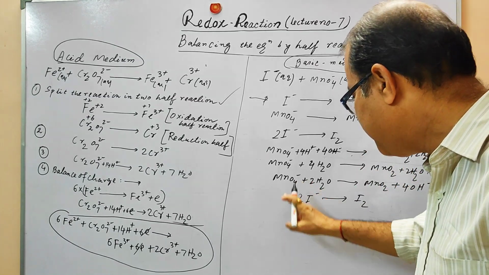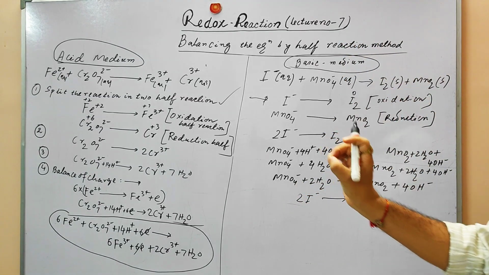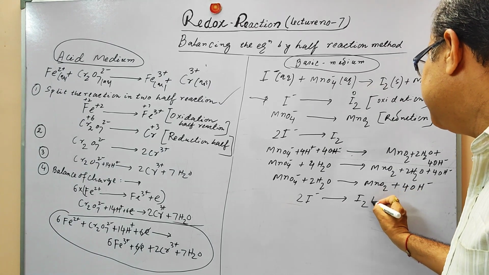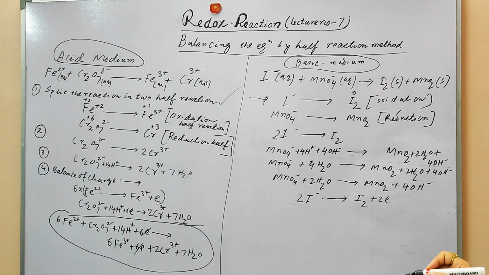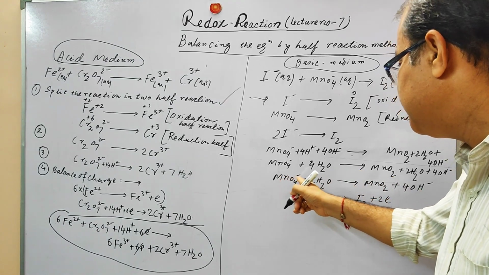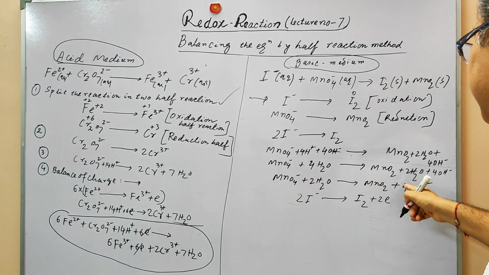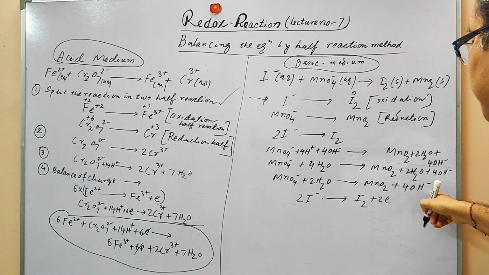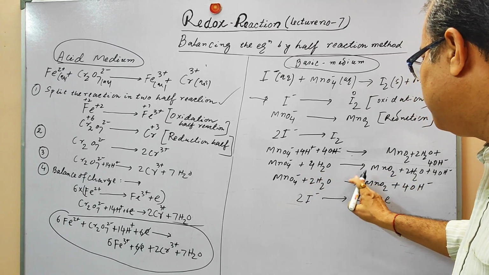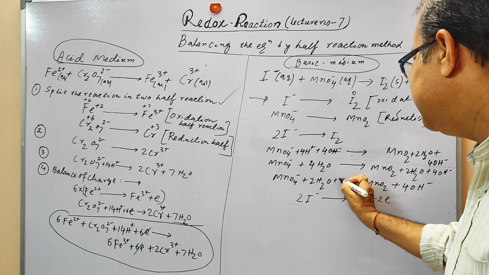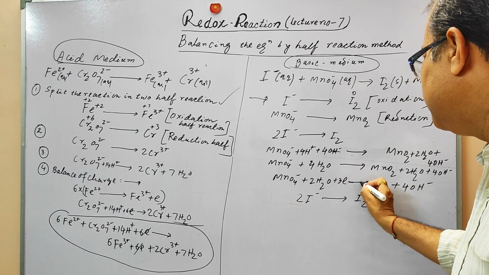On the left hand side it is 2 negative charges and on the right hand side it is 0, so we will put 2 electrons. In the same fashion, here on the right hand side there is 4 negative charges and on the left hand side 1 negative charge. So what will we put? We will put 3 electrons.